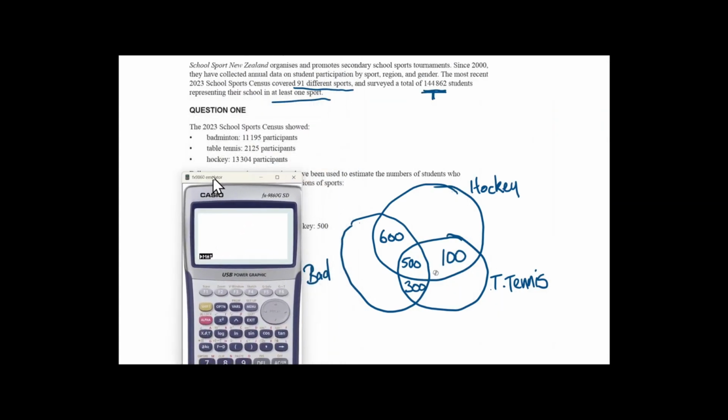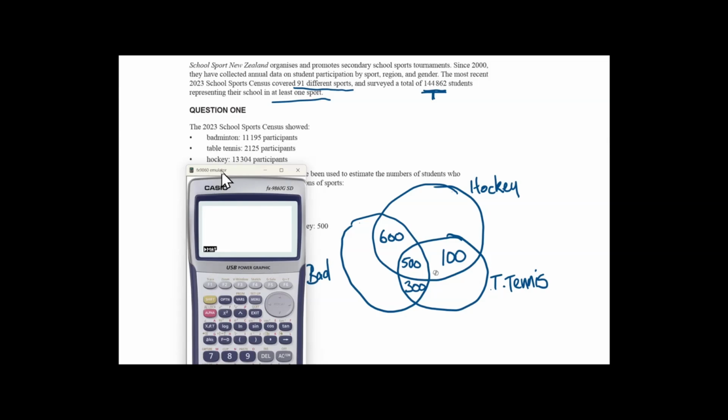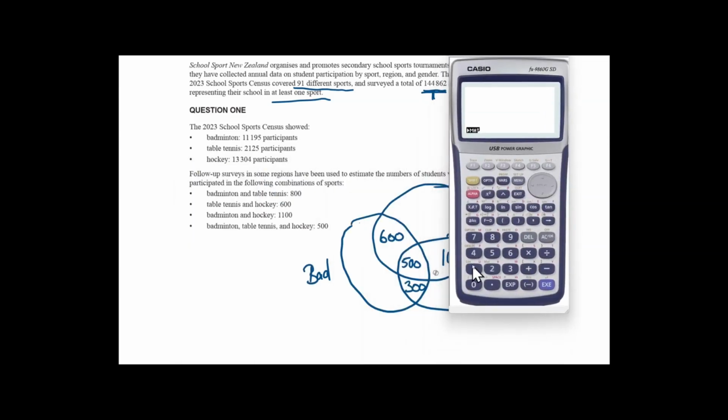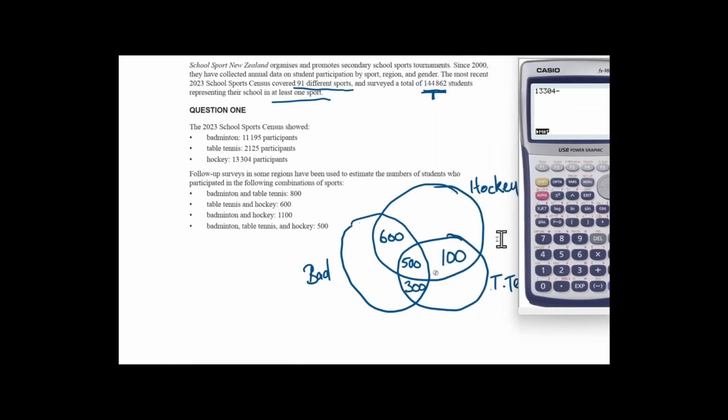So let's look at hockey. 13,304 minus 100, minus 500, minus 600, that's 12,104.